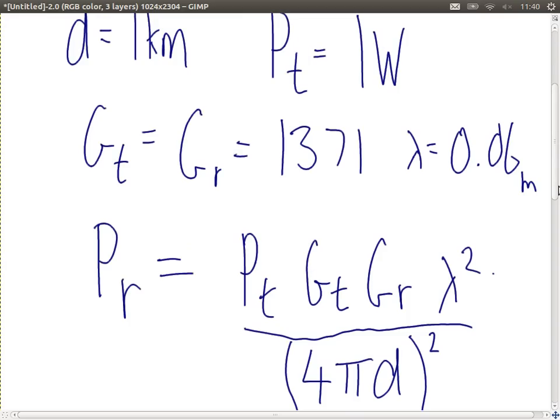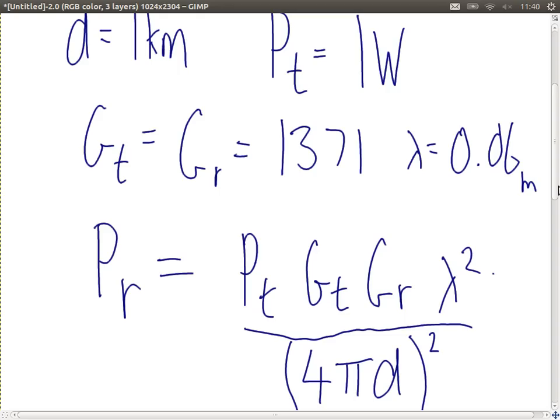The hardest thing now is just to make sure that you use the right units. In our case, PT is in watts. This is 1 watt. GT is 1371. Just substitute. GR is also 1371. Lambda is 0.06 meters. 4 times pi times what's d? It's 1,000 meters, because if we're using the units of meters with everything else, then we need to make sure d is in meters.